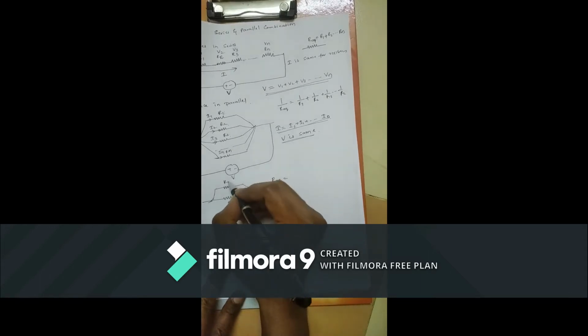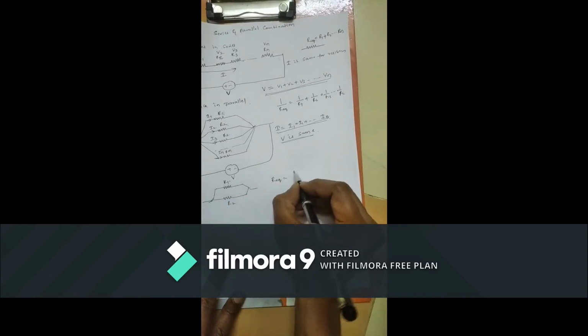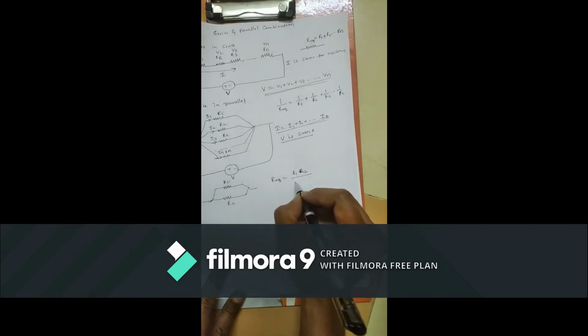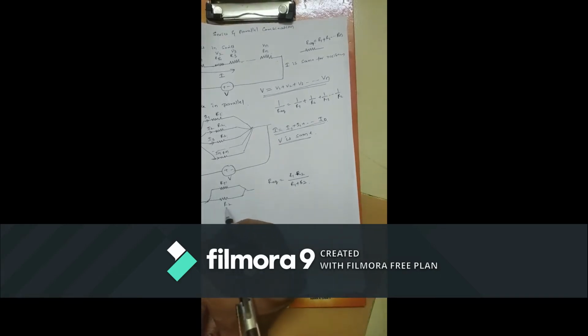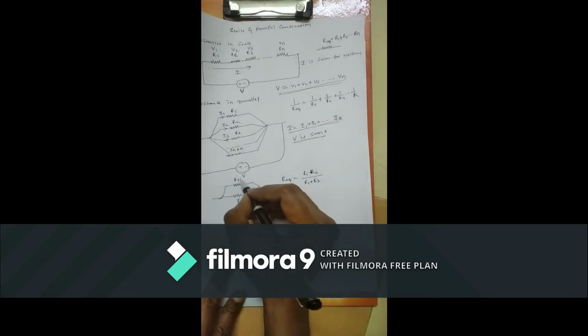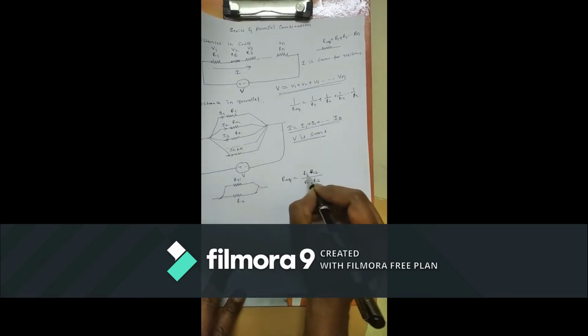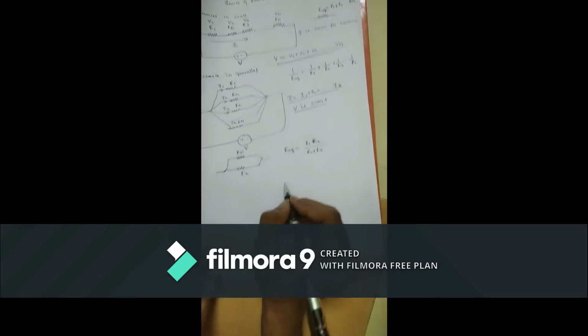R equivalent is the product R1 into R2, divided by the sum R1 plus R2. This is applicable only when two resistances are connected in parallel. In that case I can directly calculate R equivalent by multiplying R1 and R2 and dividing by R1 plus R2.